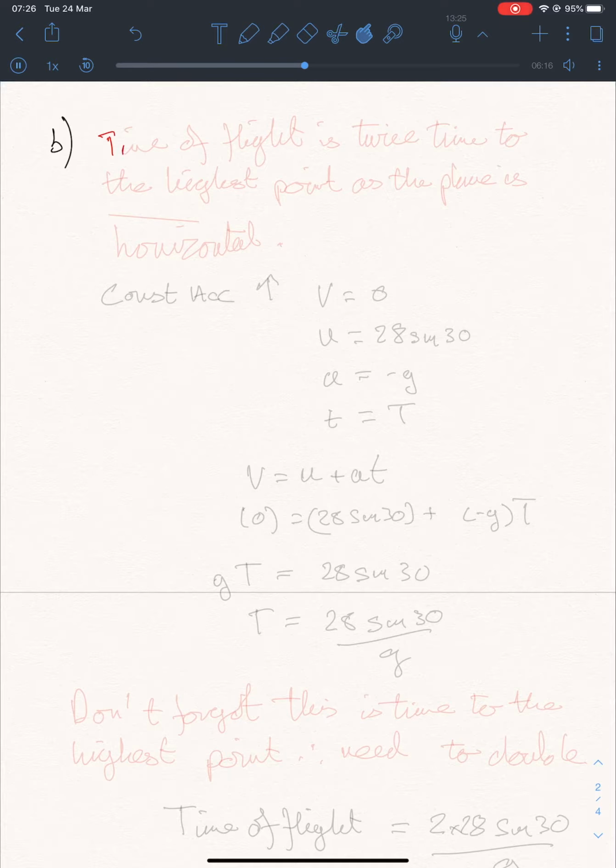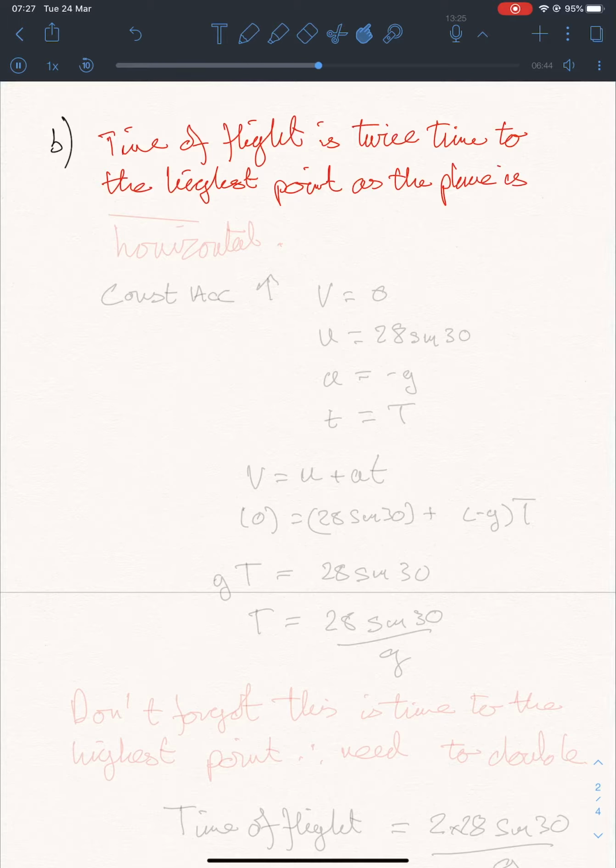So time of flight is twice the time to the highest point as the plane is horizontal.